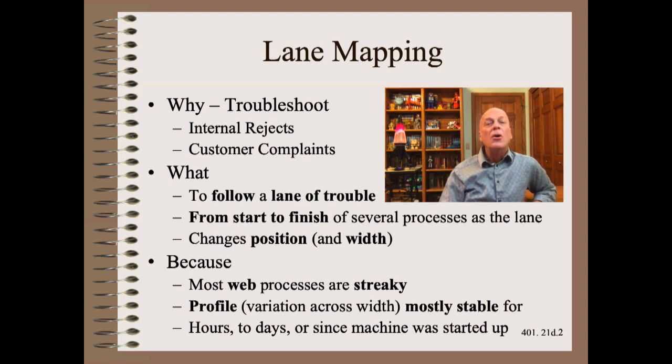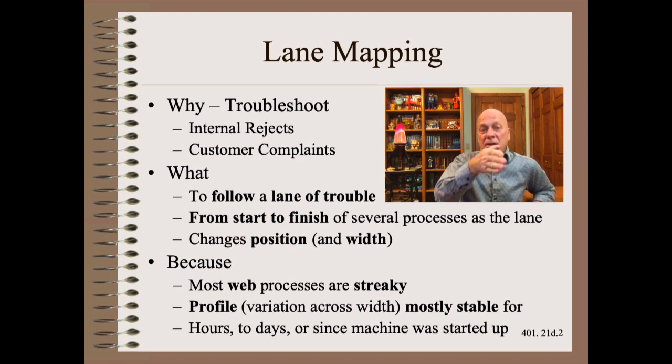So here we will follow a lane of trouble from start to finish as it changes position and as it changes width through a manufacturing machine. A similar process can be used for downstream converting machines.